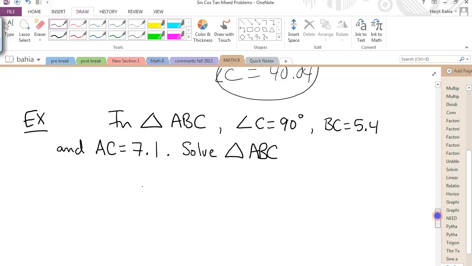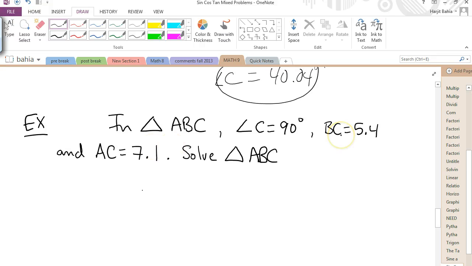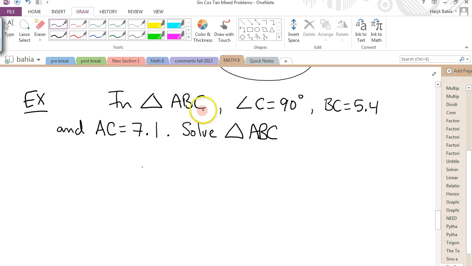Okay, I'm not going to do this one fully for you, but if you're given a word problem like this, here's how you'd handle it. I'll just start it for you, and you can do the rest as part of the skill testing questions. In triangle ABC, you're given that angle C is 90, BC is 5.4, and AC is 7.1. So here's a triangle.